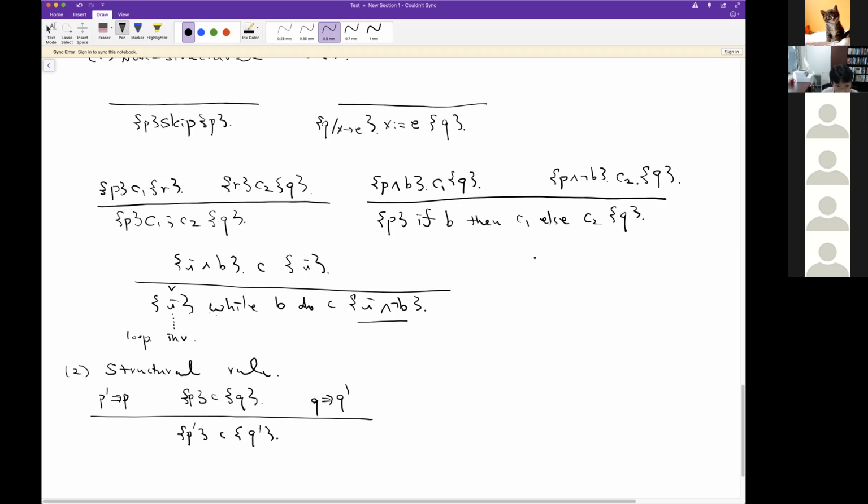Okay, so here's an exercise I want you to do. Using all these rules, prove the following. This is part of the divide by 3 program.